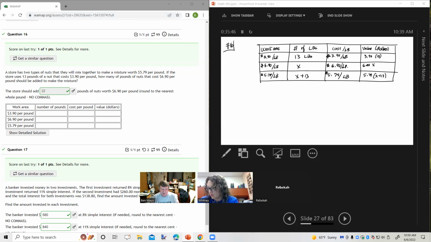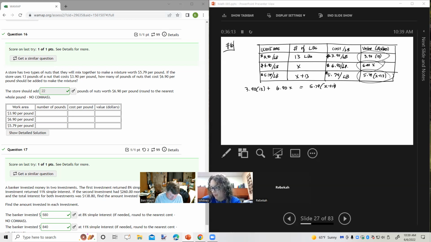And you'll need parentheses around the X plus 13. So now this plus that is going to equal that. So you've got 3.90 times 13 plus 6.90x equals 5.79 times x plus 13.